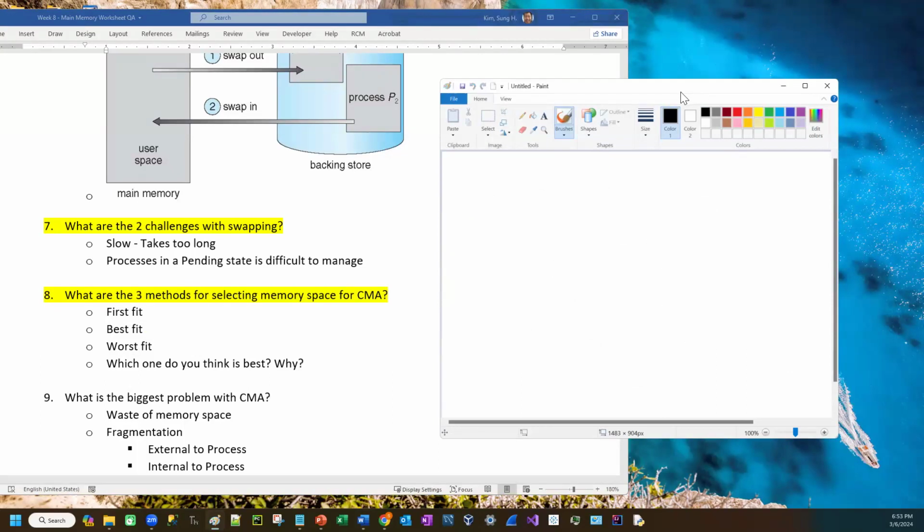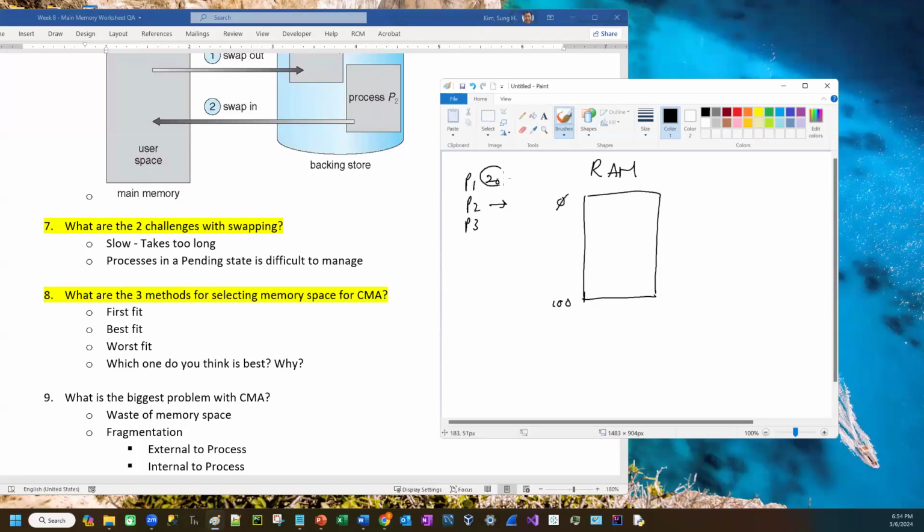So when we have processes coming in to the RAM, and let's say we have a RAM, 0 to 100 here. Okay? And let's say these guys take maybe 20 units or 20 gig or whatever, right?